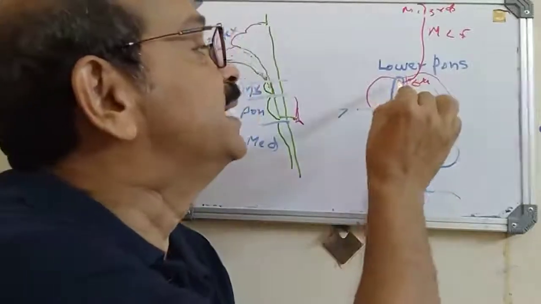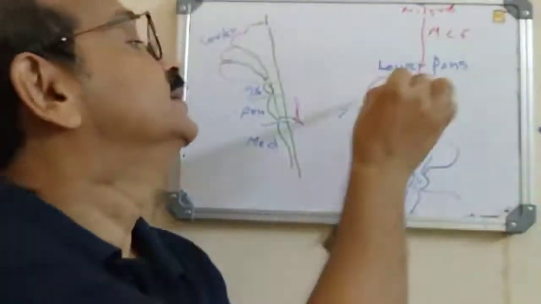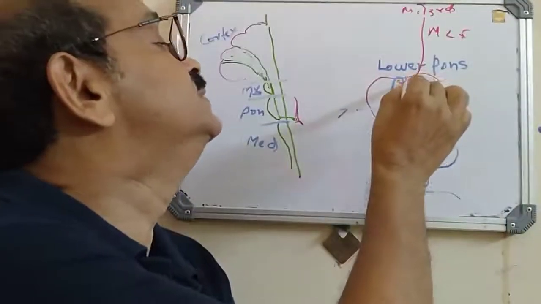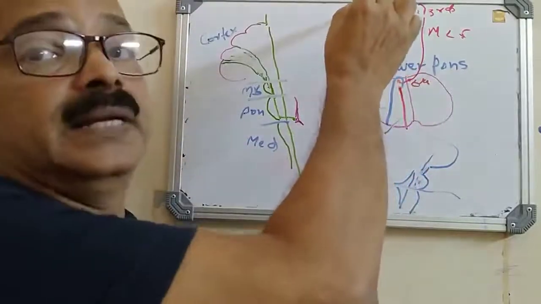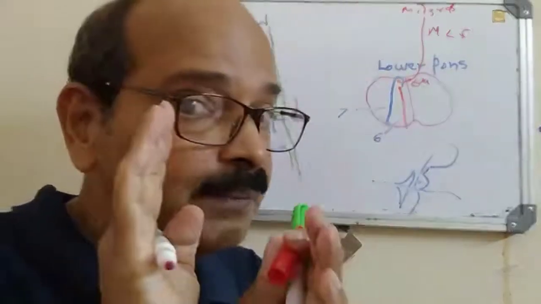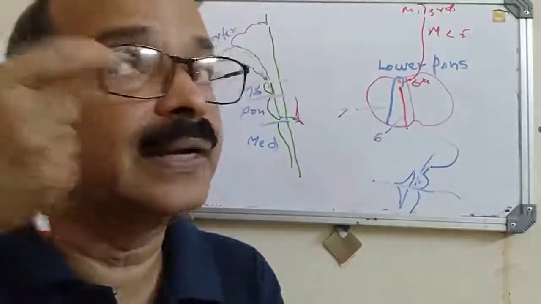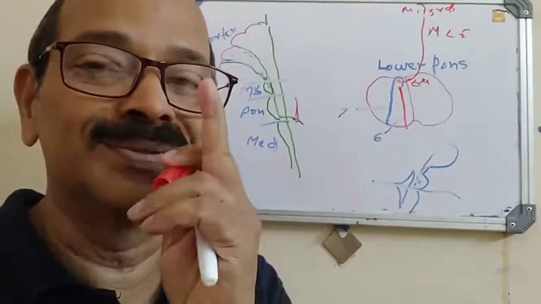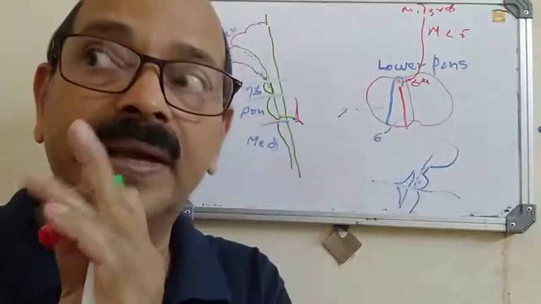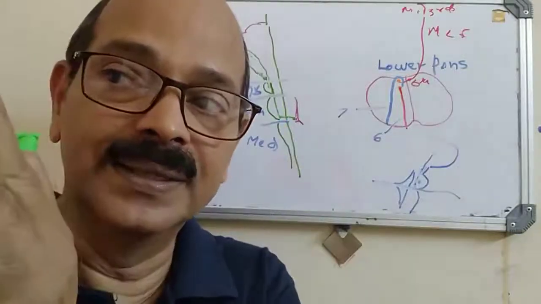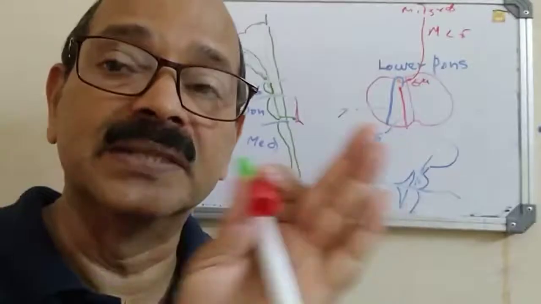That's why I have just mentioned the pathway. This side, the sixth nerve fibers go this way and go to the third nerve. Because when I move my left eye, when I look to this side, the lateral rectus moves, and the medial rectus should accompany it. Only then can I have proper vision; otherwise the images will be separated.